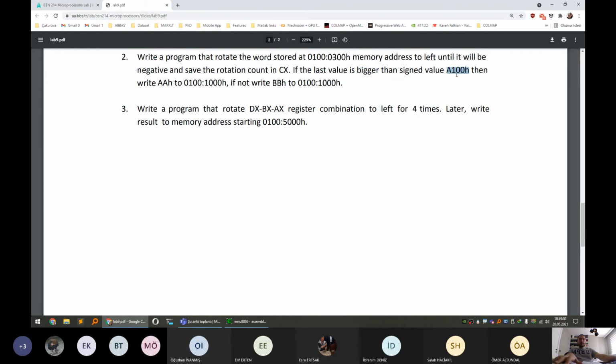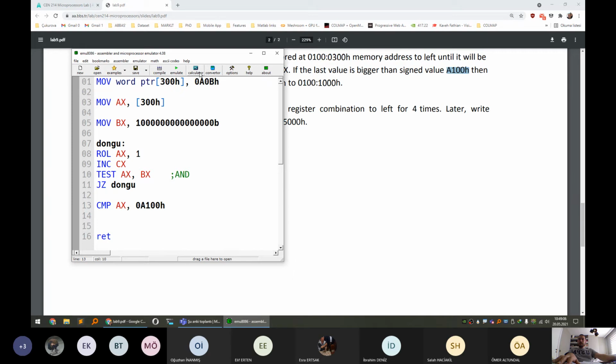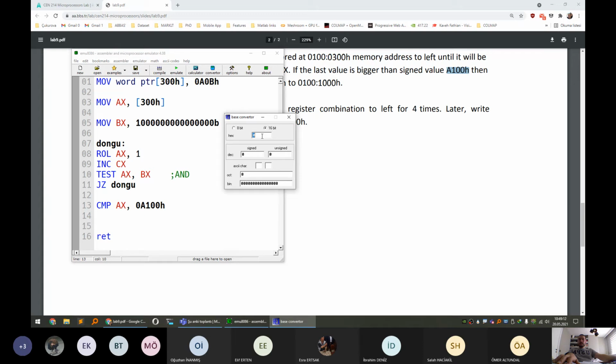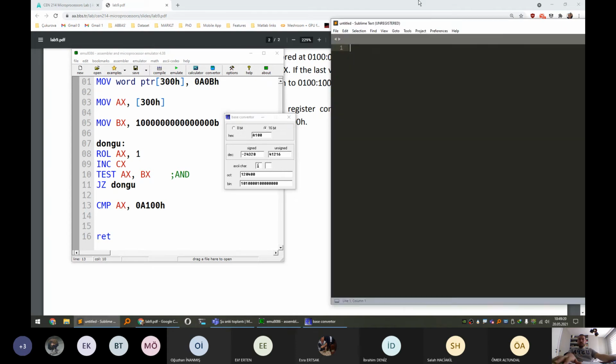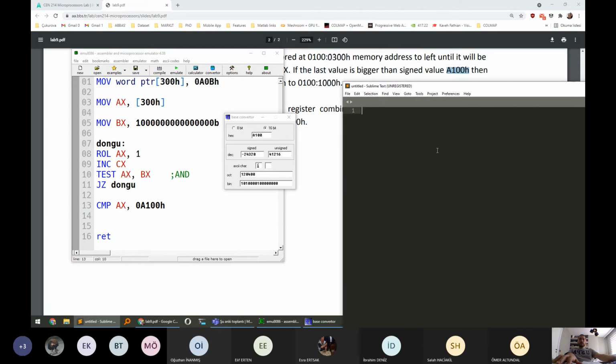Okay, minus 100. What is that value in decimal? 16-bit hexadecimal 100 is minus 24,320. Let me write this in here. What was our last value?